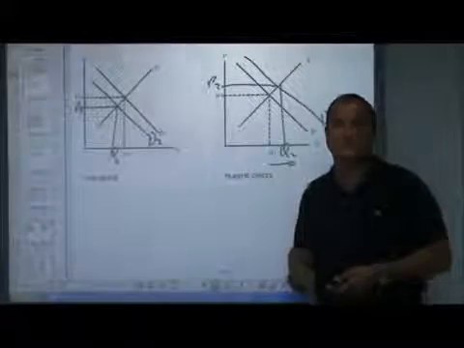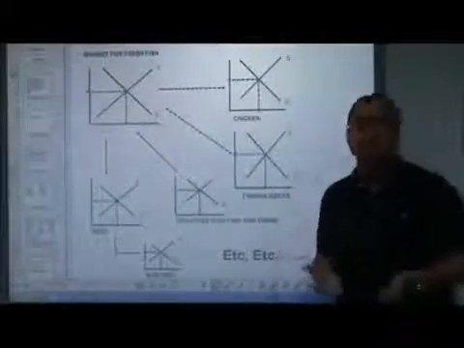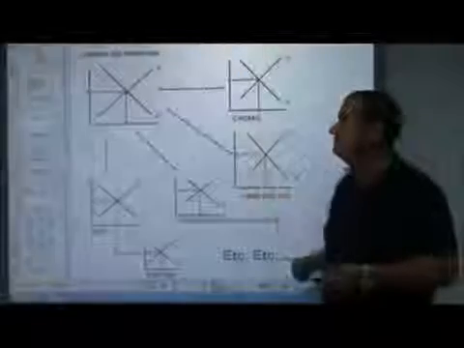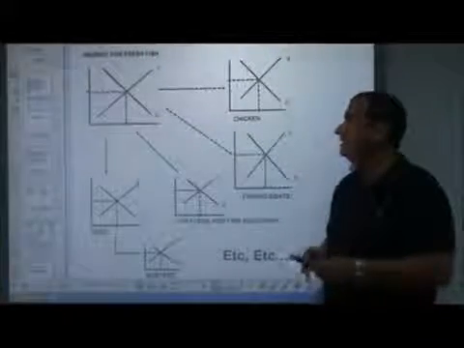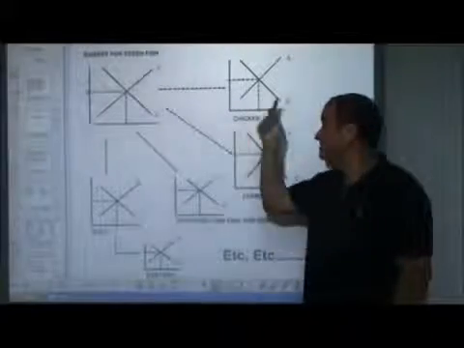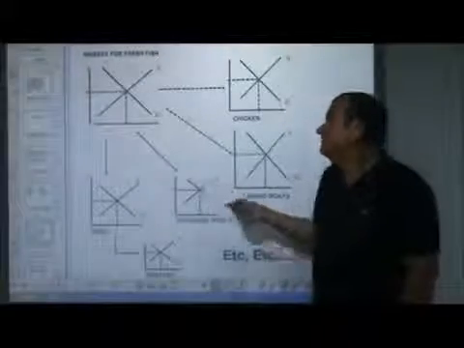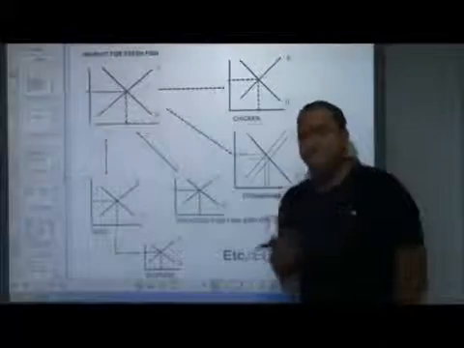The signals were sent. Let's look at a slightly more complicated example, just to show you that it isn't limited to just two industries. Let's start with the market for fresh fish. Now, I've linked the market for fresh fish to various markets. And let's see what happens in the market for fresh fish. Imagine this.